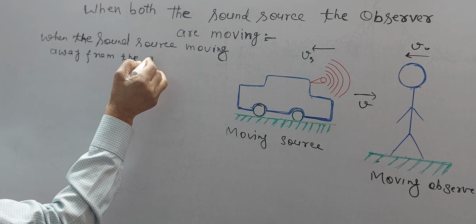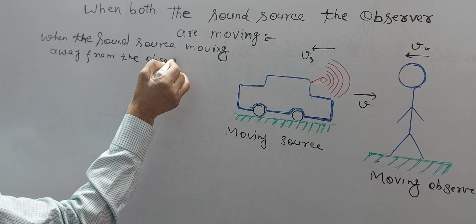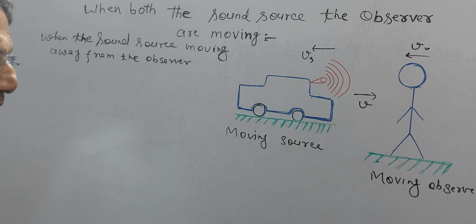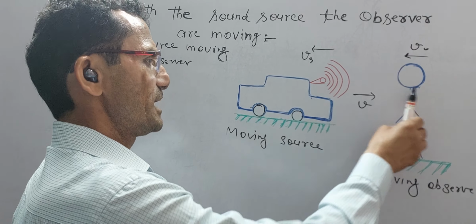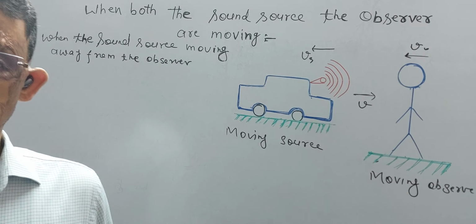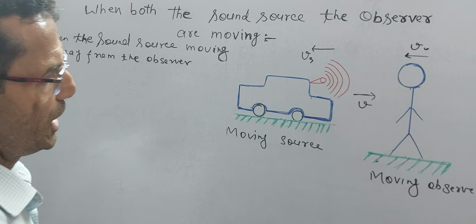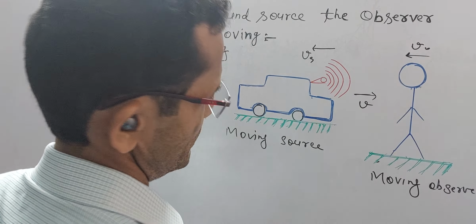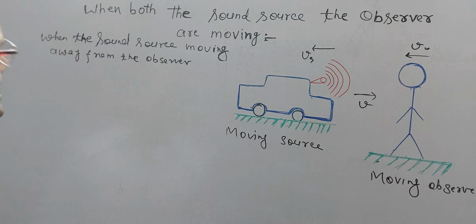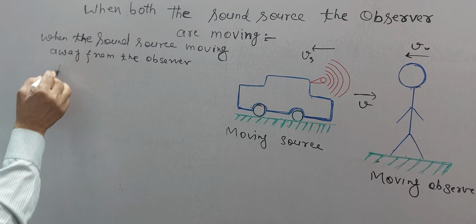Whenever the sound source is moving away, whenever the distance between the observer and the source is increasing, the apparent frequency will decrease. So in that case, our moving source is moving away, and our frequency will decrease. That frequency is called the apparent frequency.